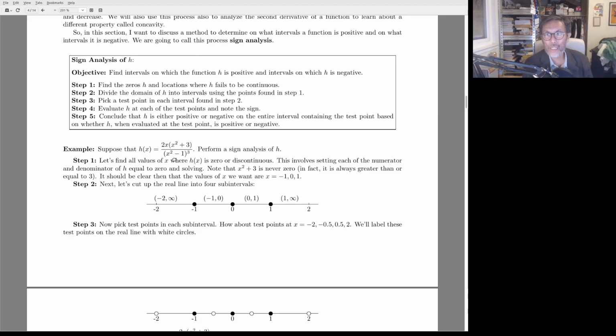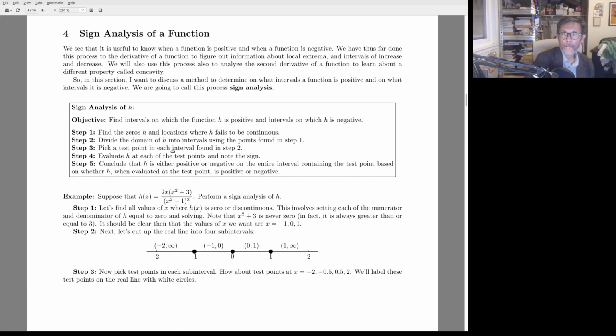And it might not be at all obvious where this function is positive and where it's negative. Like if I was to ask you on what intervals is this function positive and on what intervals is this function negative, that would be quite a challenge to figure out. But that's what sign analysis hopes to accomplish. Okay?